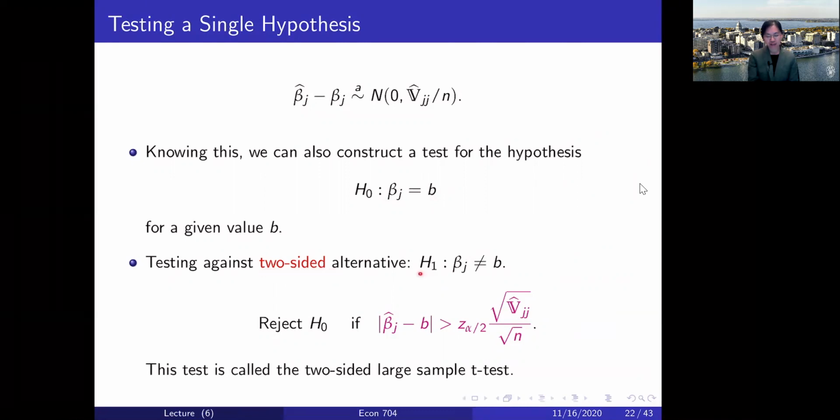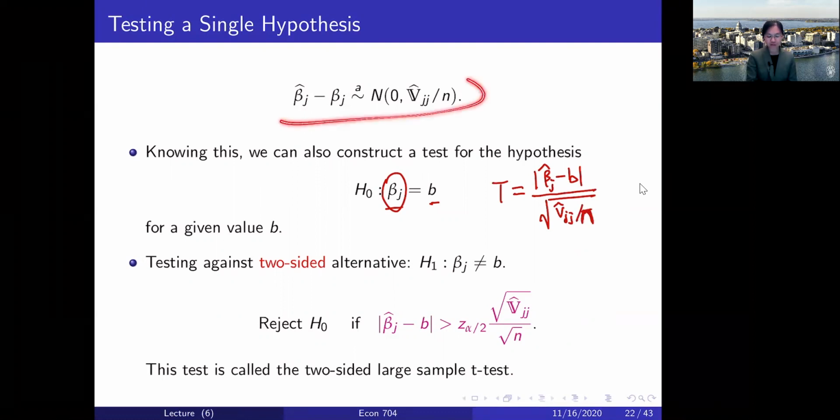For example, H1, the alternative hypothesis, is beta j is not equal to B. In this case, you would want to use a test statistic that is big whenever the difference between these two values is big. So the difference between the estimator of beta j and B is big. So you want the absolute value of beta j hat minus B, and you want to standardize it using the standard error.